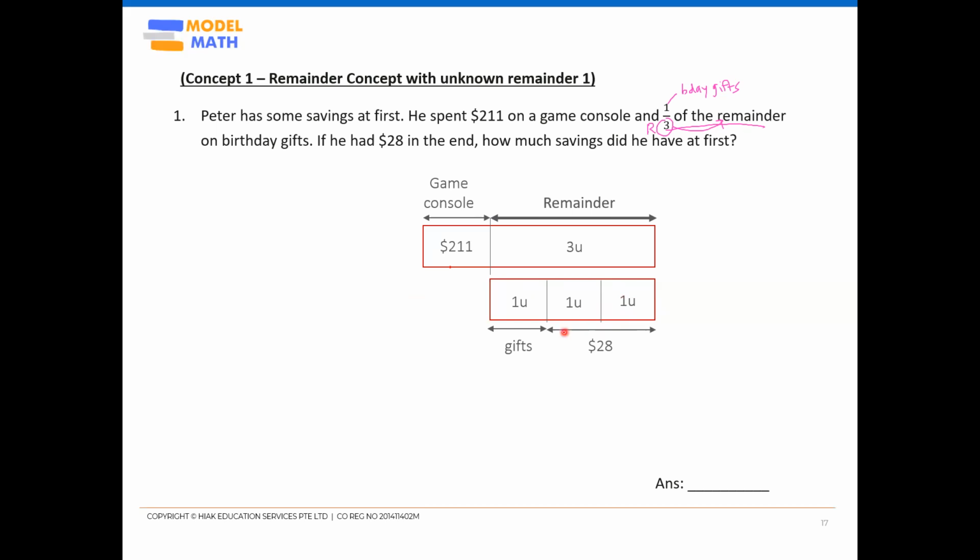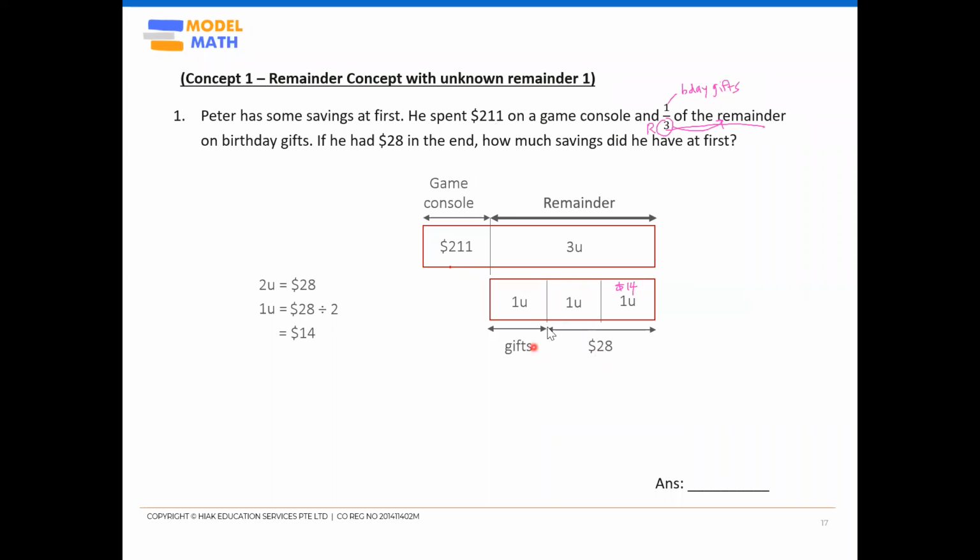Okay, that's good enough. Okay, so of course, we can see that 28, we have to divide by 2 to find one of the units there. Okay, so 1 unit is $14. Now I'll write it back down here. So this is $14.